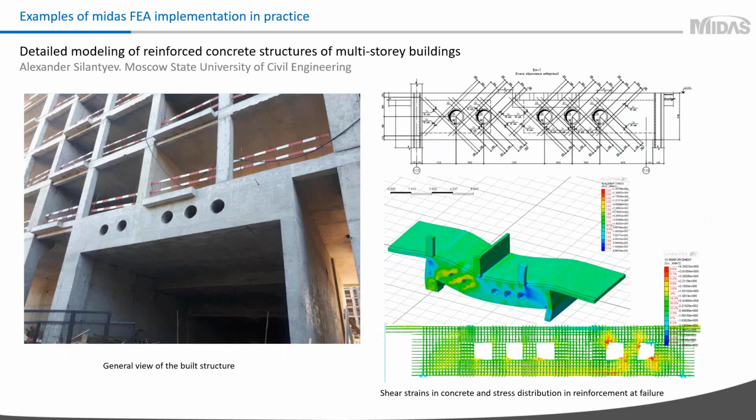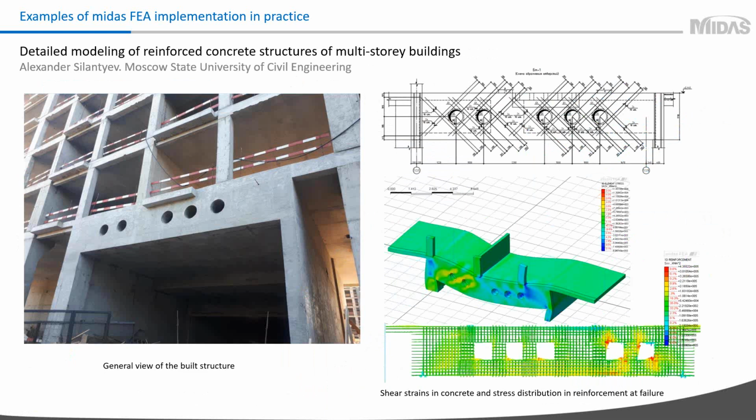This is a design project, a project of a multi-story building. In this work was performed a detailed investigation of suitable reinforcement arrangement in a beam with web openings. The analysis by the user was performed in two stages. Firstly, he created a global finite element model of the building, and he investigated forces that are acting on the beam.